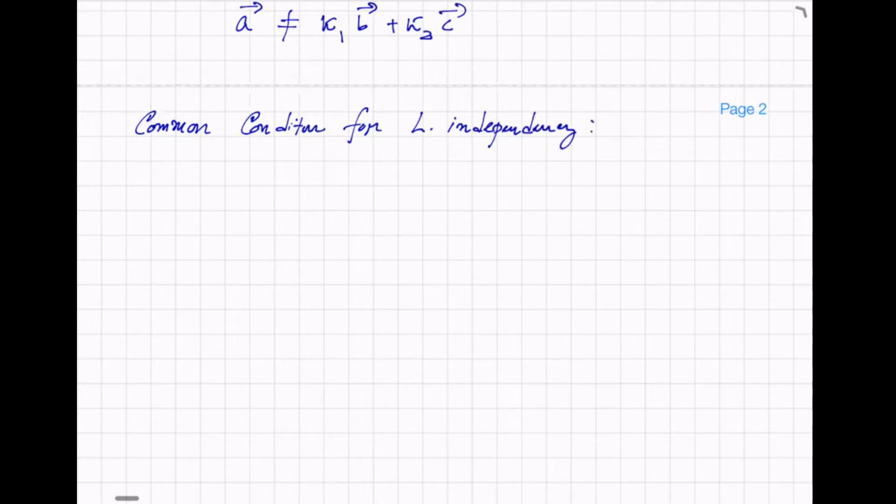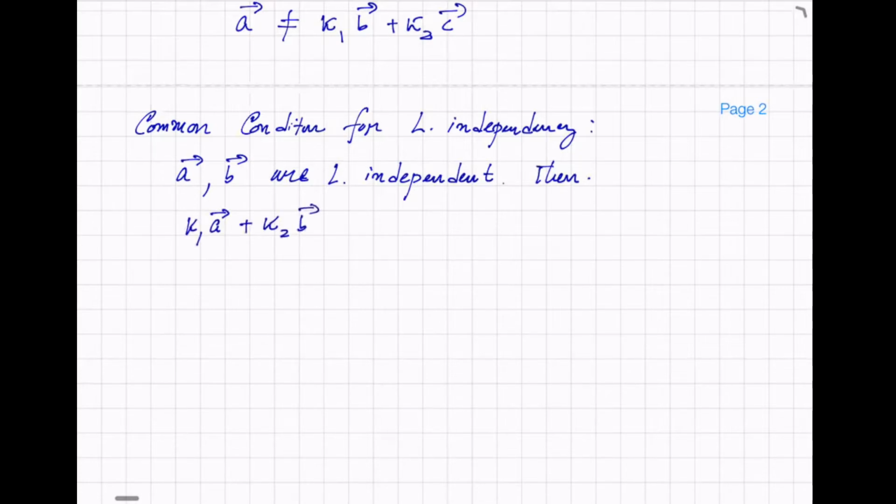Suppose A vector, comma B vector, are linearly independent. Then, if you write k1 A vector plus k2 B vector, suppose this is my P vector.